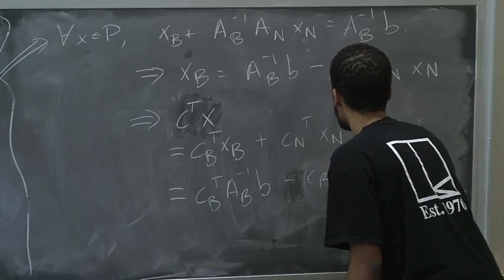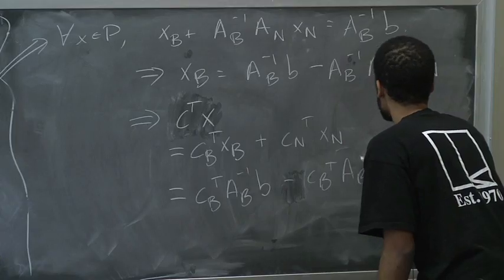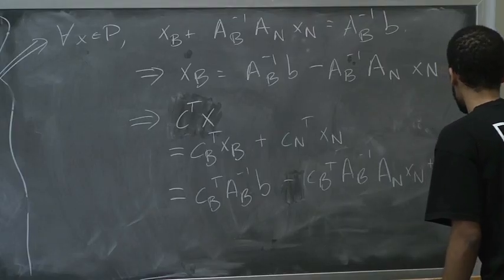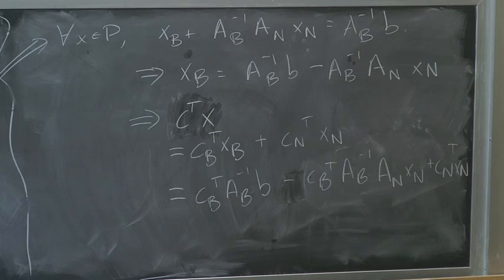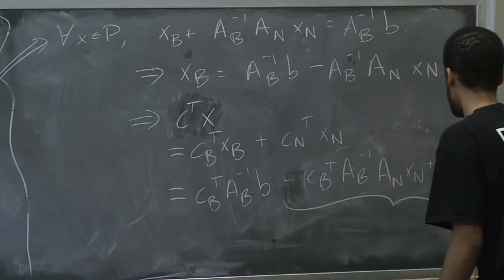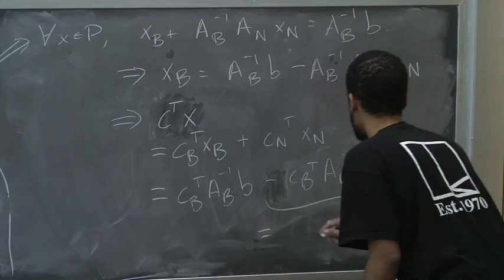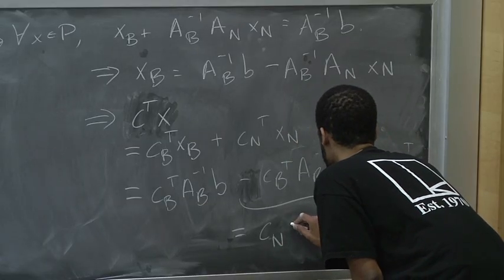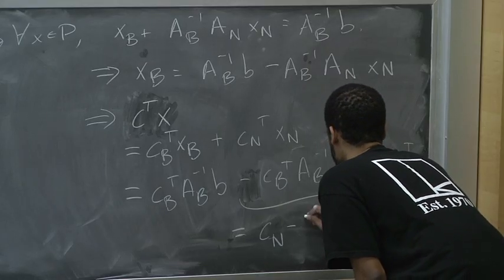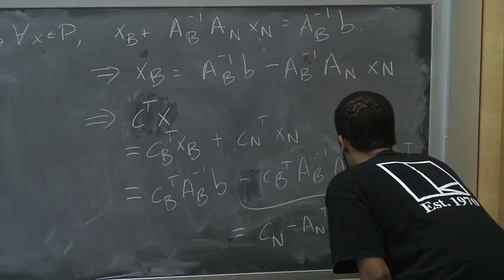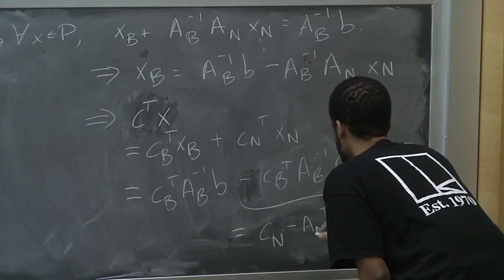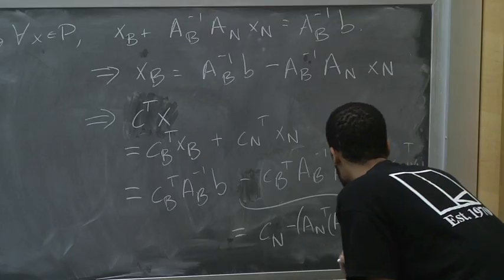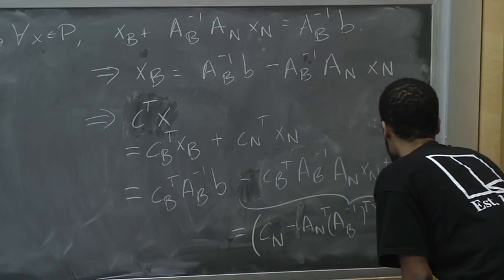C transpose x is CB transpose xB plus CN transpose xN. This is minus CB transpose AB inverse AN xN plus CN transpose xN. And then this thing here is equal to CN minus AN transpose AB inverse transpose CB, transpose xN.